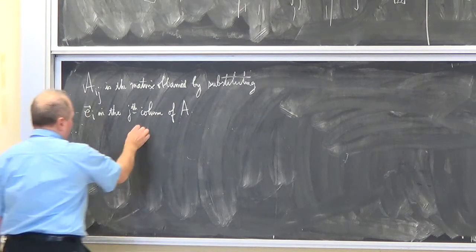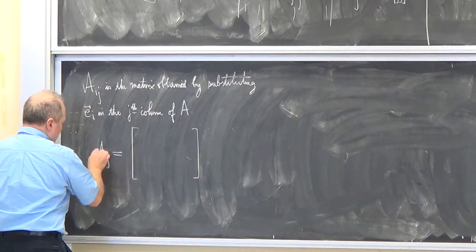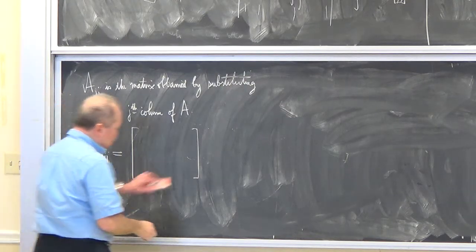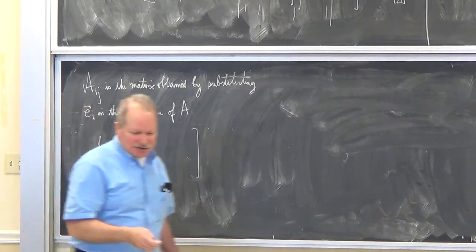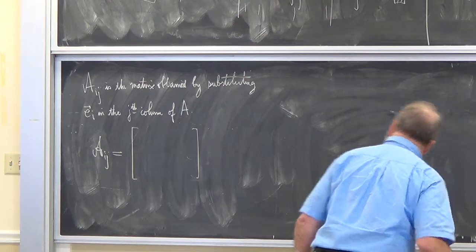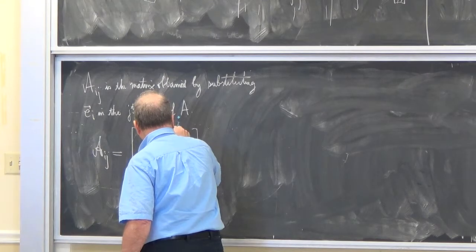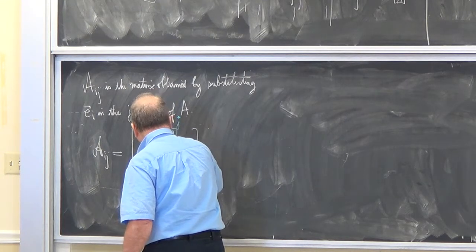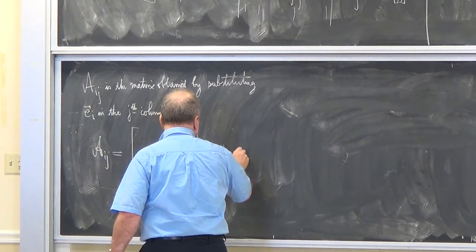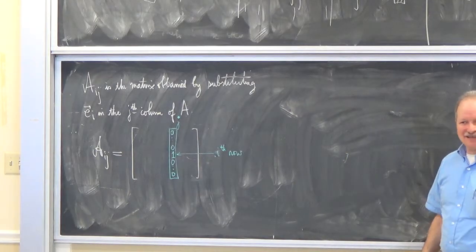All right, so here you are, back at the ranch. You've got this matrix script A_ij, and it looks just like A, except in the jth column, I have all zeros except a 1 in the ith row. Everybody agree?